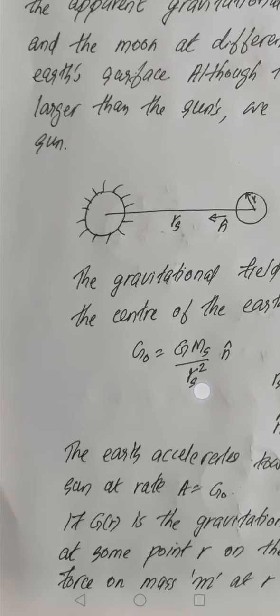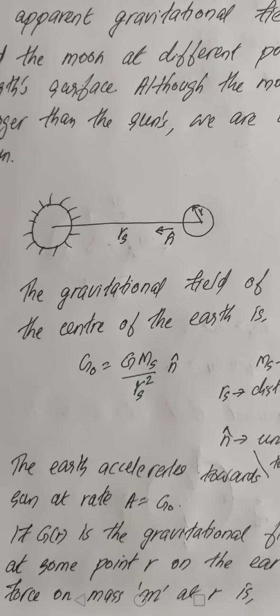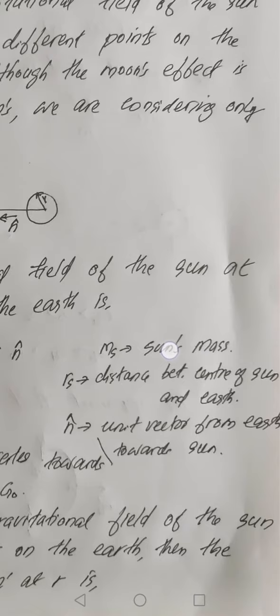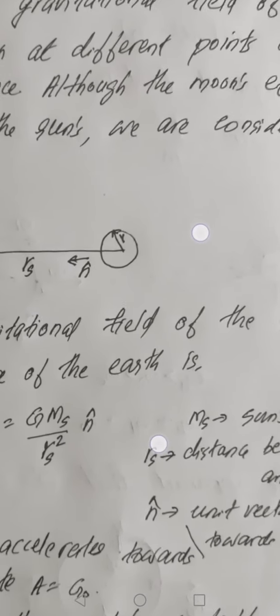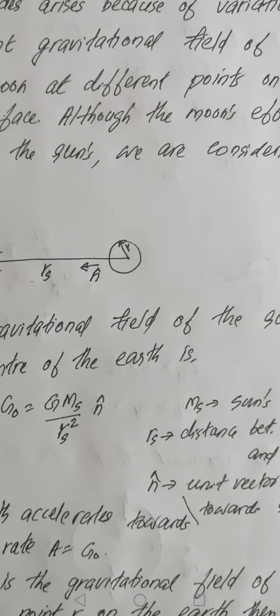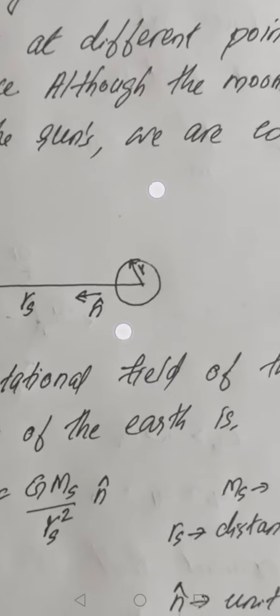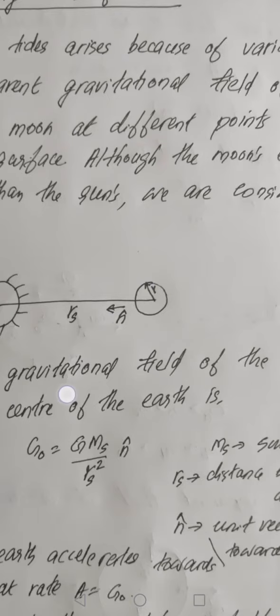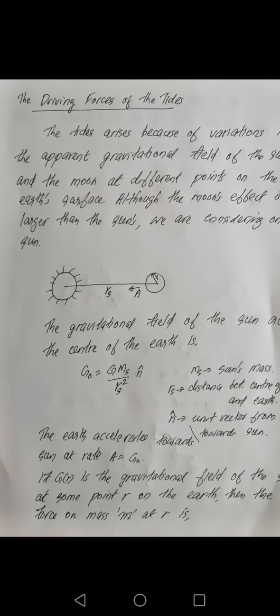Now suppose capital G of r is the gravitational field of Sun at some point r on the Earth. At this point r I consider a small mass m.